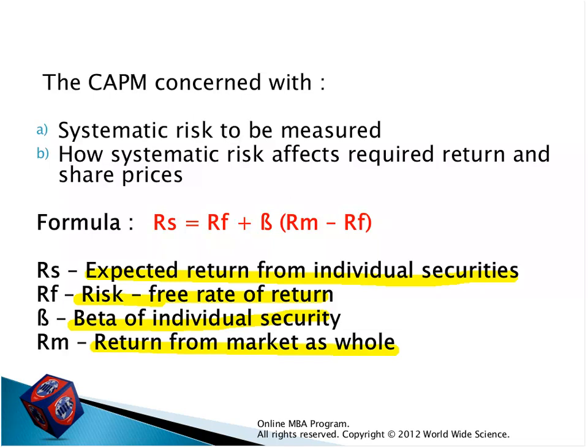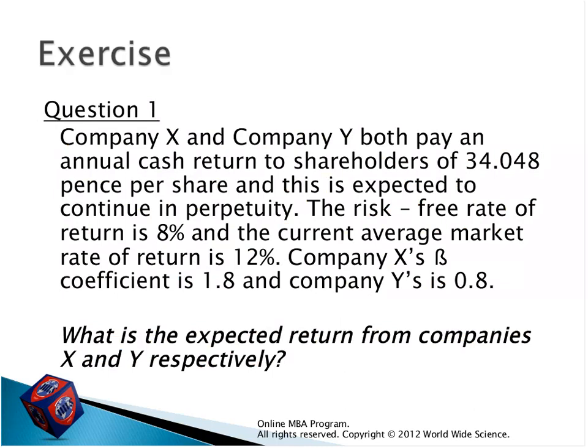I have some examples based on these calculations. Let me explain first, because it would be complicated for you. For example, company X and company Y both pay an annual cash return to the shareholders of around 34 pence per share, and this is expected to continue in perpetuity.